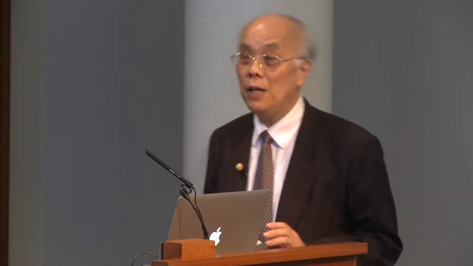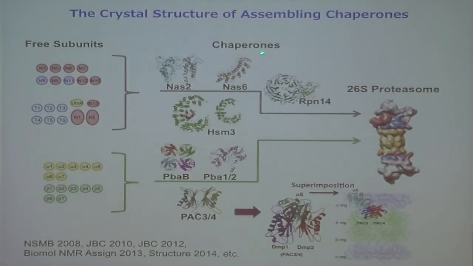And we have a group of structural biologists. We have determined almost all chaperone structures like this. And also we have, for example, PAC3, PAC4 co-crystallized with the interacting protein, the alpha 5 subunit.